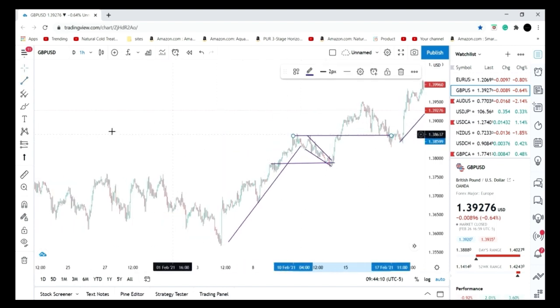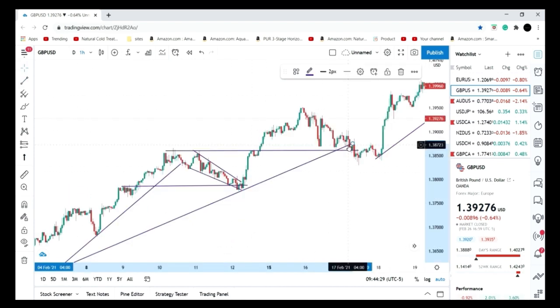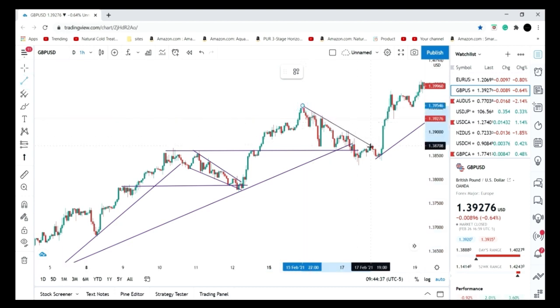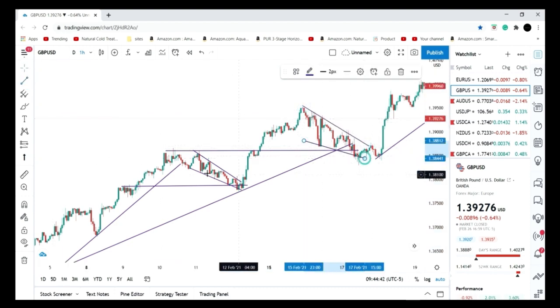And this one is a little bit different because even though we had the trend line right here, we broke the trend line and we went up and we didn't actually make a new low right here. So this one right here, you probably still would be looking for longs anyway, okay?